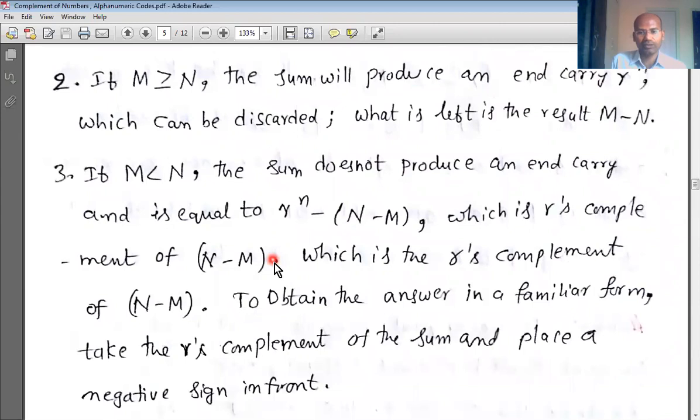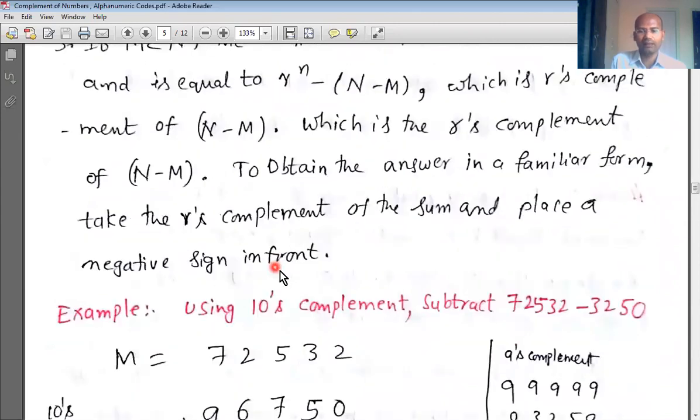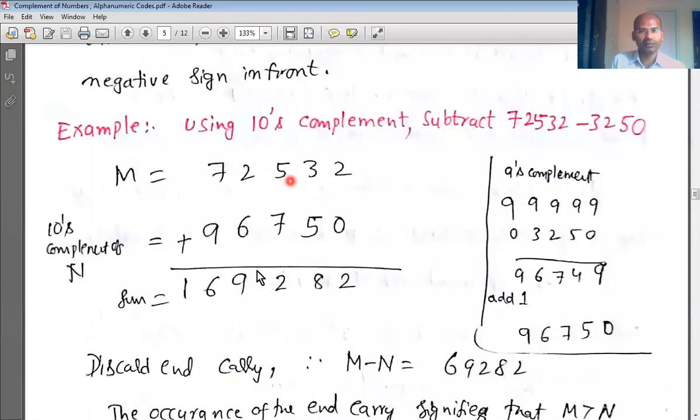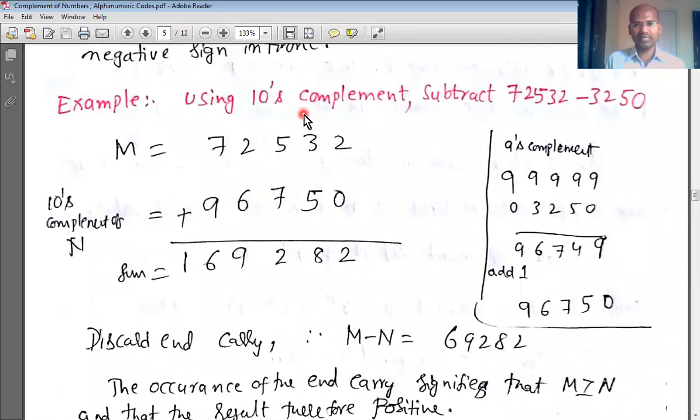If you are able to find the complements, then no point bothering about these things. If you don't understand them, you can leave it completely, it doesn't matter at all, as long as you know how to calculate the complements and also how to use these complement methods in the subtraction process. Now let's understand the use of complements in subtraction through some examples.